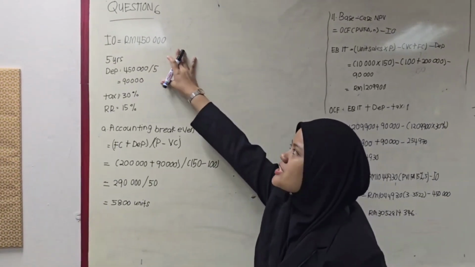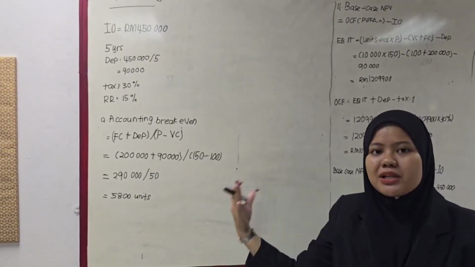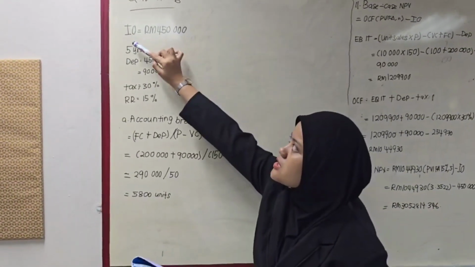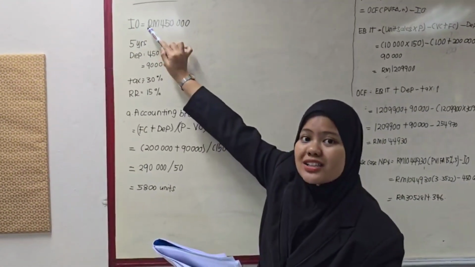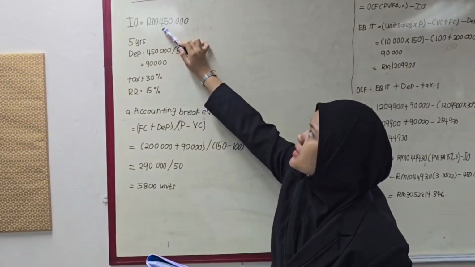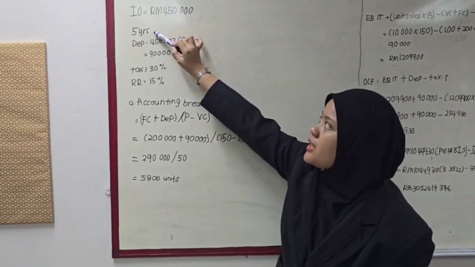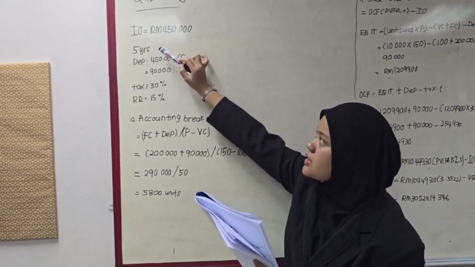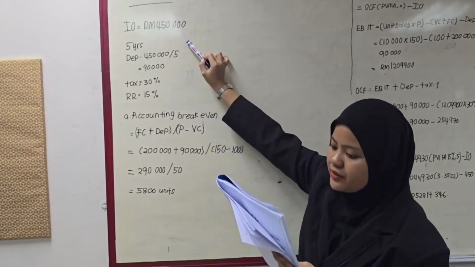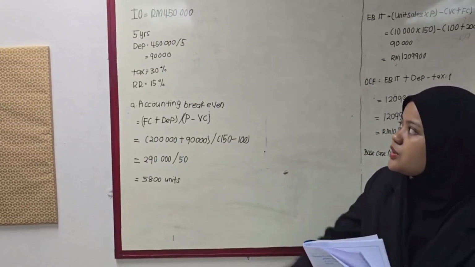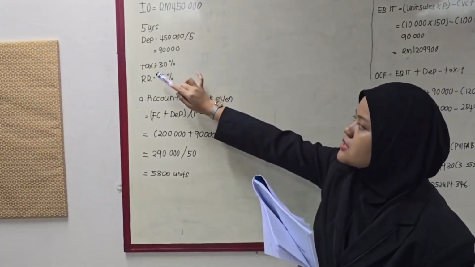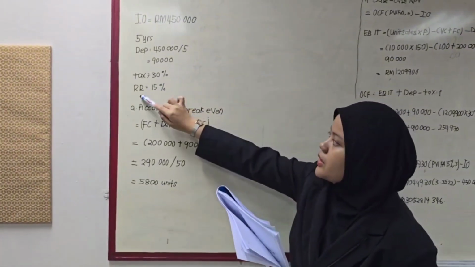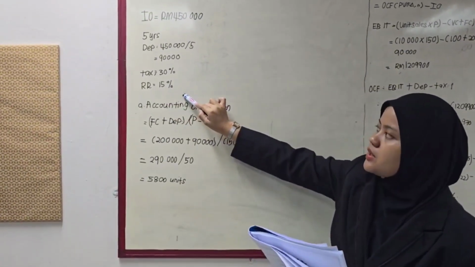So based on the question, kita akan keluarkan semua maklumat daripada soalan itu. Pertama, kita dapat initial outlay which is 450,000 dan past 5 years iaitu 5 tahun operating life and no salvage value, dan taxes dia bagi sebanyak 30% dan required return 15%.